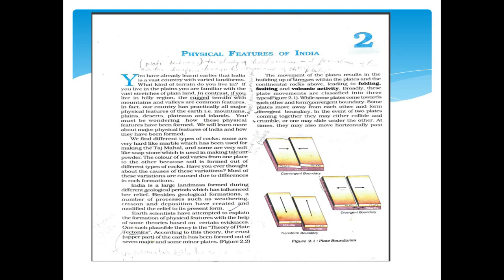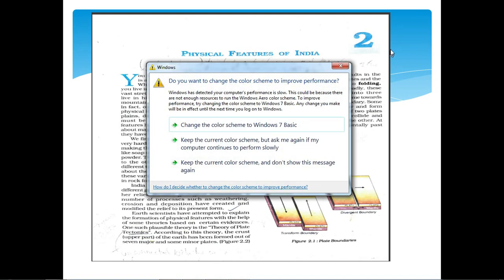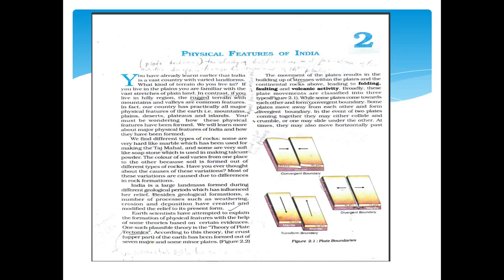And we know the soil is formed by different types of rocks. The rocks are getting powdered and slowly they turn into soil. There are different types of rocks.